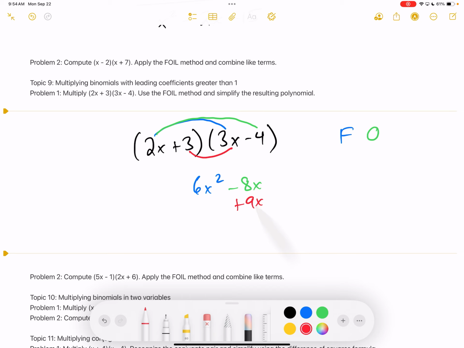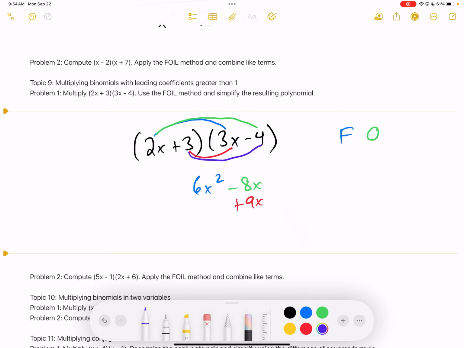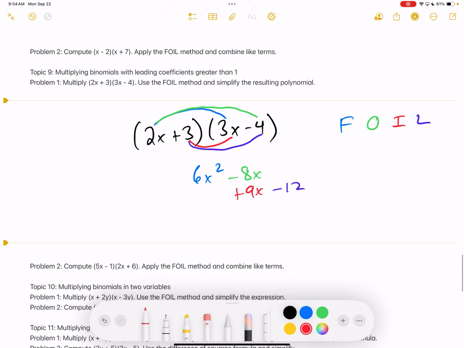So I'm going to write that in my x column. And then the last would be 3 and negative 4 would be negative 12. And then combine like terms, negative 8 plus 9 would be positive 1.